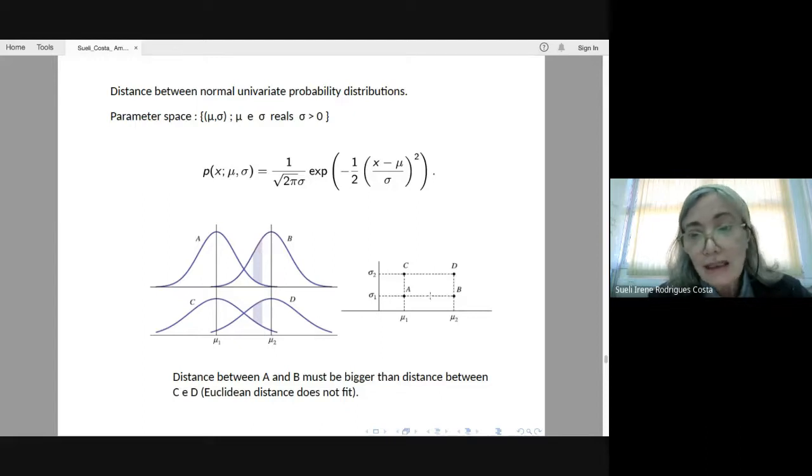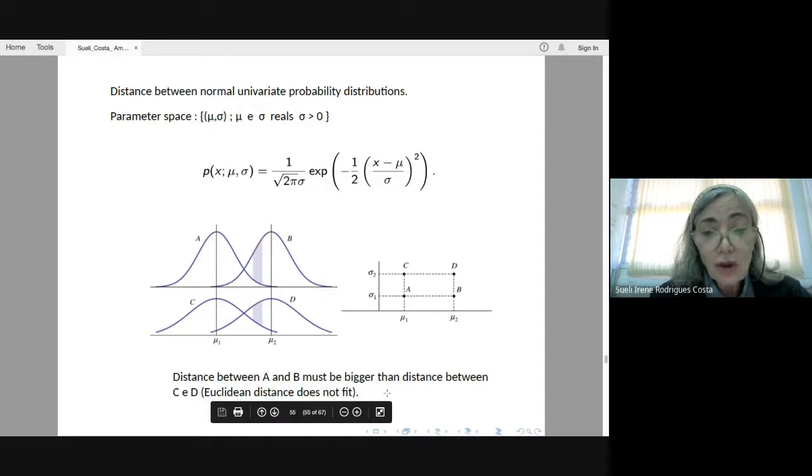The Euclidean distance in the parameter space does not measure this. We are going to show that a proper measure here comes from the Fisher matrix.